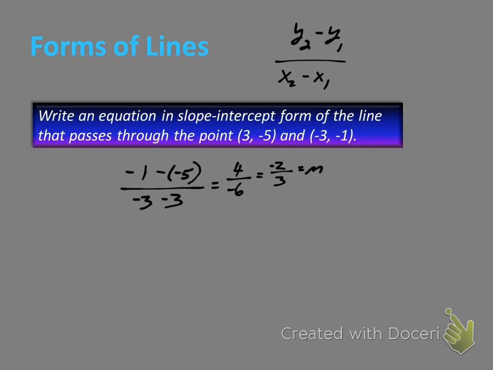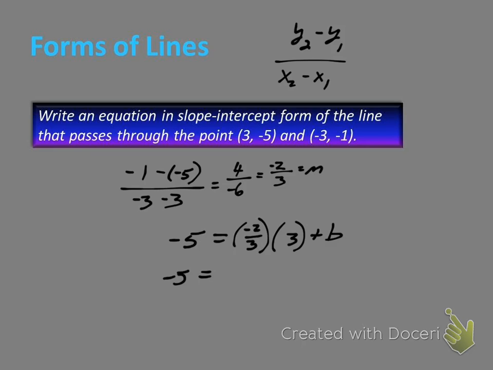Because you pick your slope with a point. So negative 5 equals, your slope is negative 2/3, x is 3, plus b. So it becomes negative 5 equals negative 2/3 times 3, which becomes just negative 2, right?